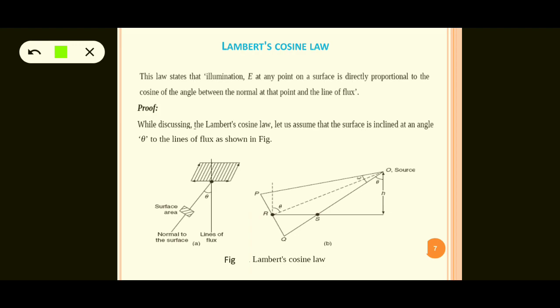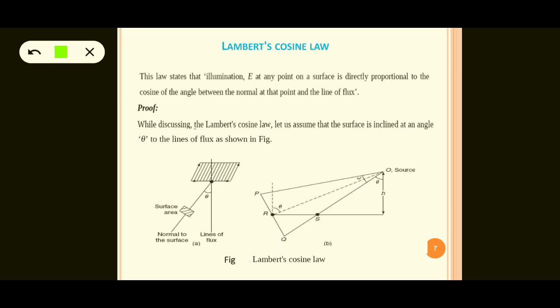Next, similarly RS. This is RS, the surface area normal to the vertical axis and inclined at an angle theta to the source. Here PQ and RS are normal to the source and normal to the vertical axis.